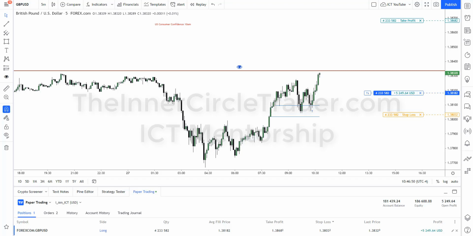And it's just creeping below, crouching below that relative equal high.